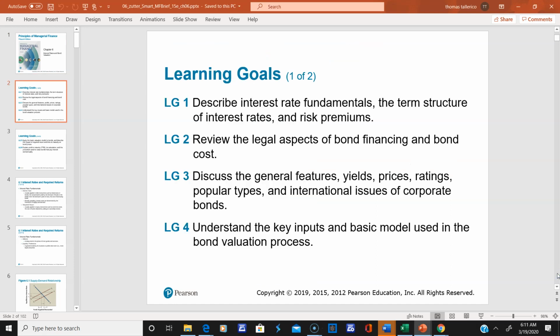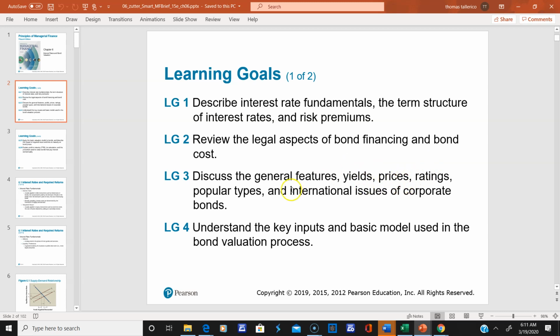All right, so we're going to talk about interest rates here, right? Interest rate fundamentals, the term structure, the legality of bonds, what's called contracts or indentures, different types of yields, how they're priced. And of course, the most important thing is the yields and the price.